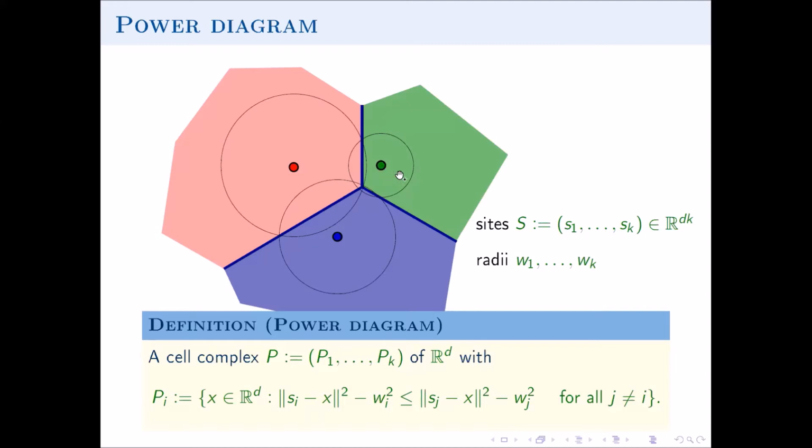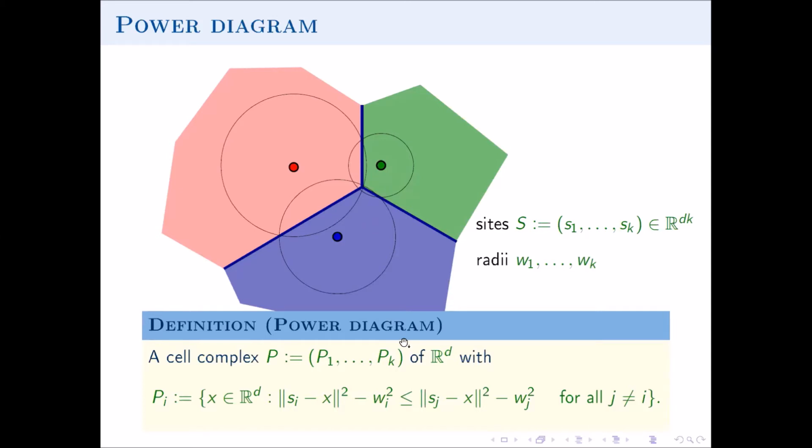But what's different from a classical Voronoi diagram is that this measure of distance is additively distorted by the radius around the respective site. So the points that are equally far from the green cell and the red cell here are precisely those points on the joint intersection of those two balls.